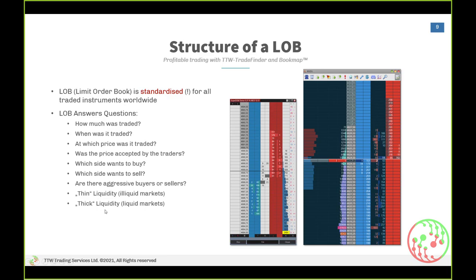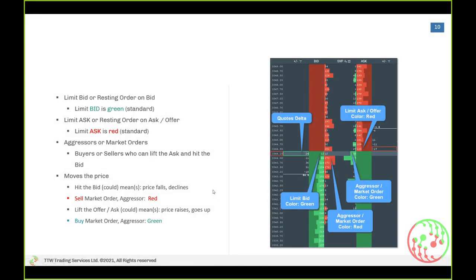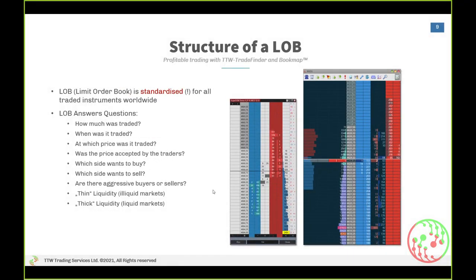I think this is quite important, because I have discussions with traders, and every one of us here in the room is an individual.